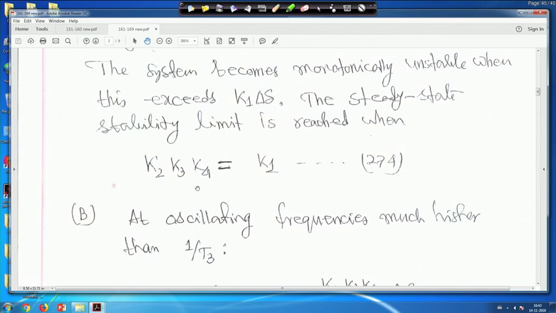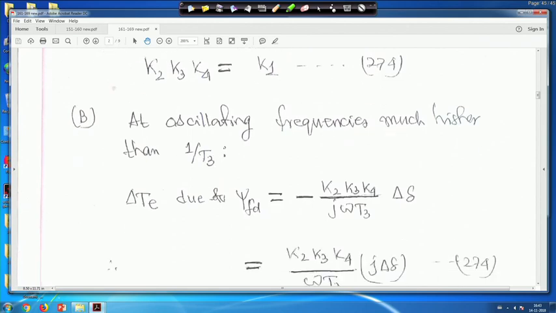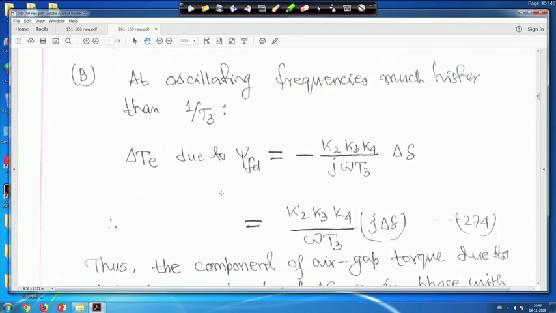Now, part B, at oscillatory frequencies much higher than 1 upon T3. When you take s equal to jω, and ω is much higher than 1 upon T3, then 1 plus jωT3 is approximately jωT3. At that time ΔT due to Δψfd is minus K2 K3 K4 Δδ divided by jωT3.